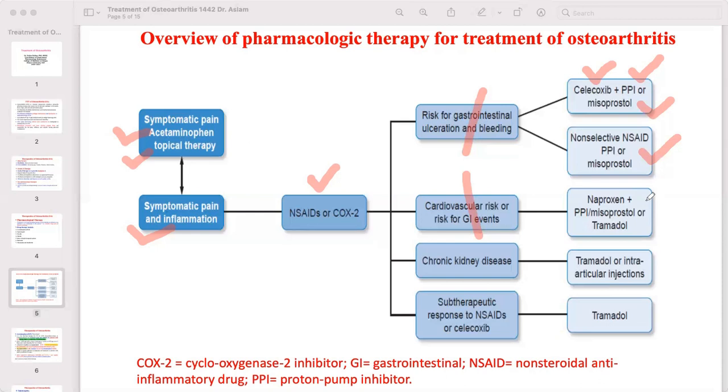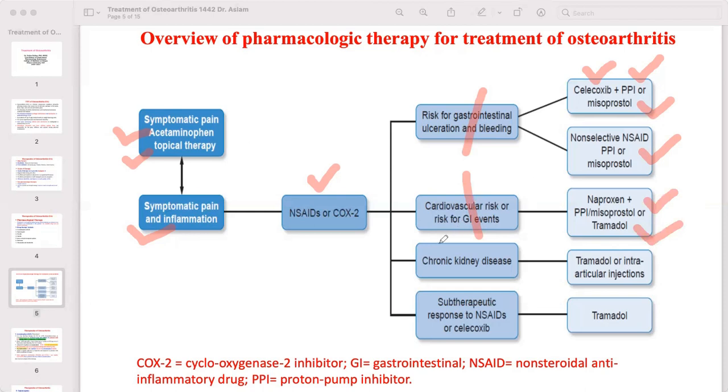It should be used with caution because naproxen may produce some gastrovascular risk or thrombosis. So it should be used with the proton pump inhibitor, misoprostol, or tramadol, which is the opioid analgesic.